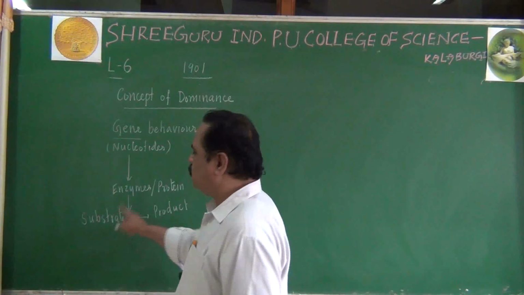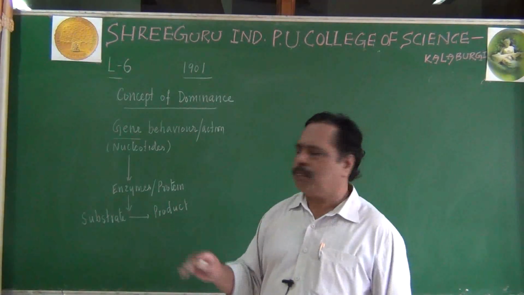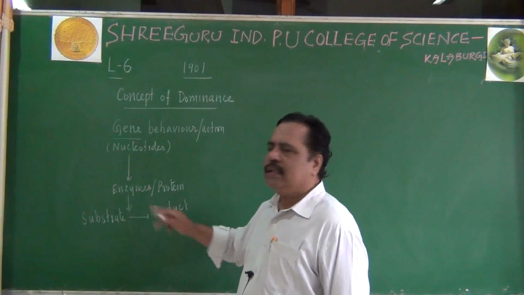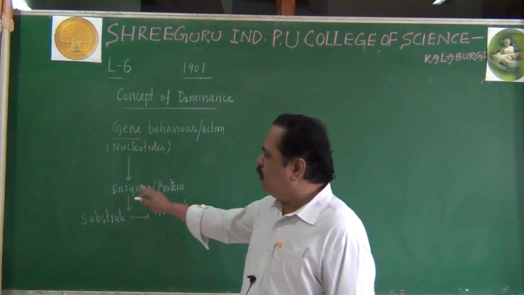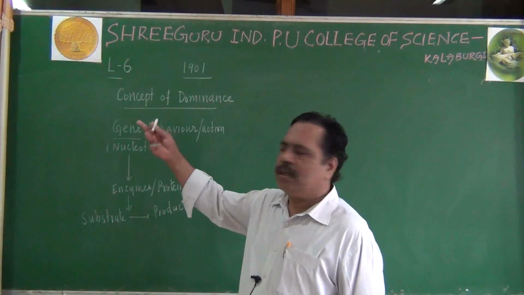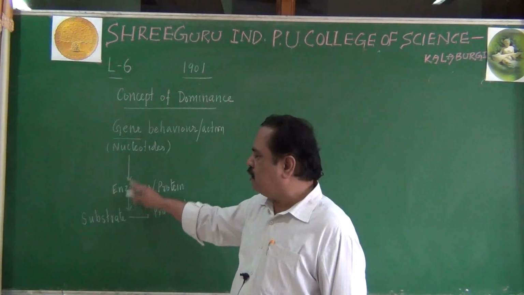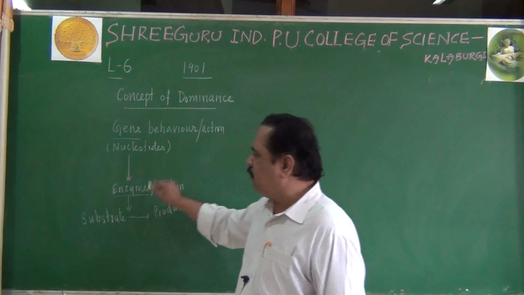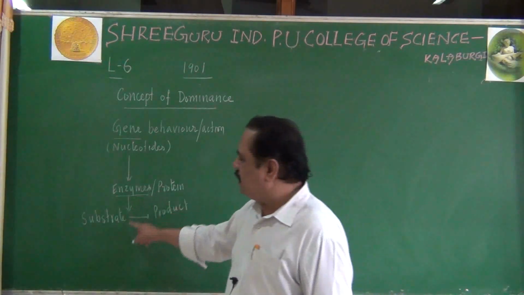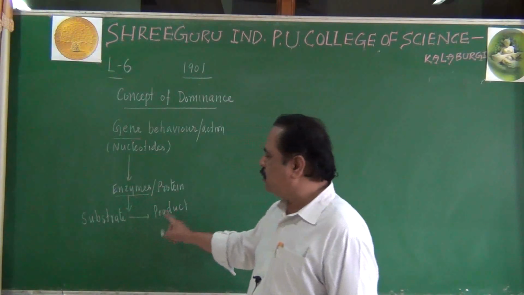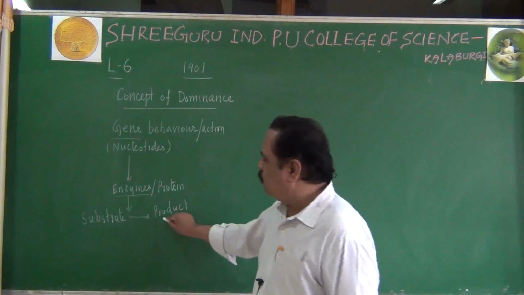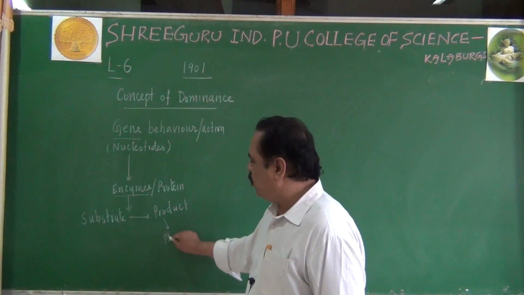So a particular substrate will be converted into a particular product depending upon the enzyme activity. Who is responsible for that enzyme production? It is gene. So gene will regulate the production of enzyme. That enzyme will catalyze the conversion of substrate into product. That product will become our phenotype.